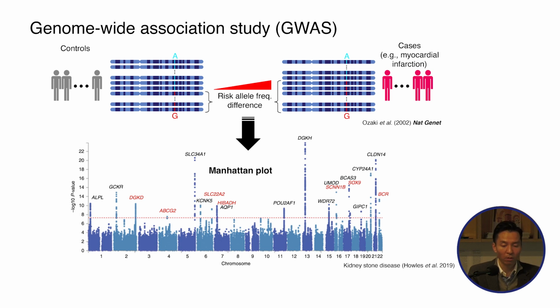In this example, the G allele is significantly overrepresented in the case population, so this allele in the SNP can be a risk for a disease. In GWAS, we scan all SNPs in the genome from chromosome 1 through chromosome 22, and sometimes the X chromosome. The figure shows each SNP as a point, and the y-axis shows statistical significance.